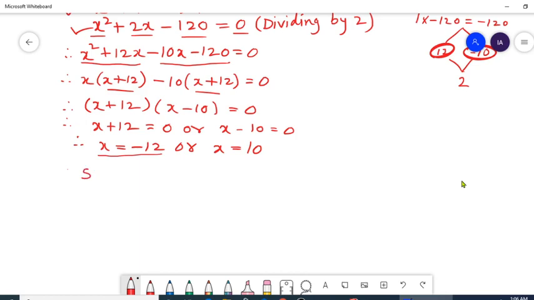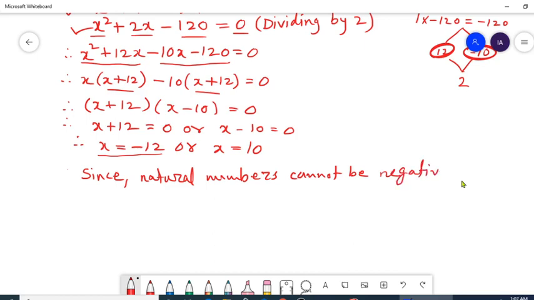So here we will mention, since natural numbers cannot be negative, therefore x cannot be equal to minus 12.